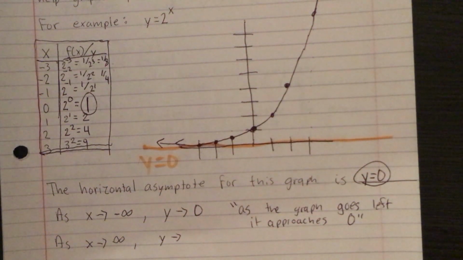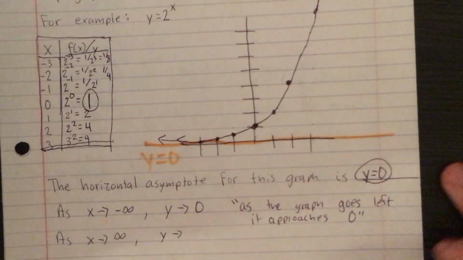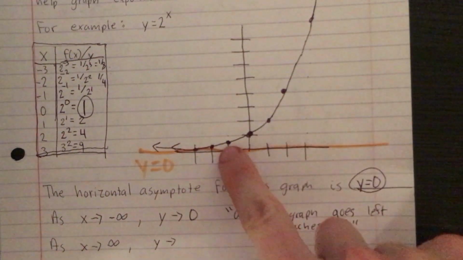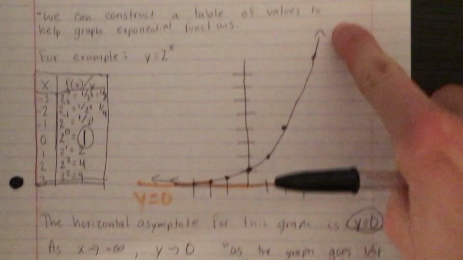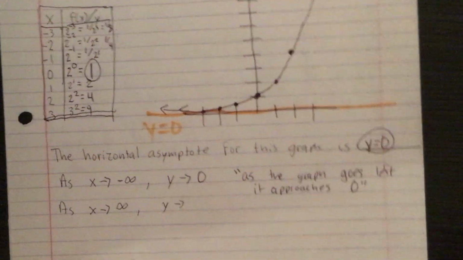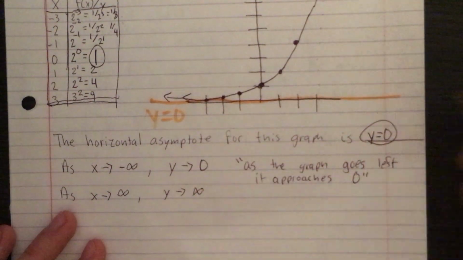So here we've got, as x is approaching infinity, as we go further to the right on this function, what are we approaching? Think to yourself, as we go to the right, what are we approaching there? y is approaching infinity as well.